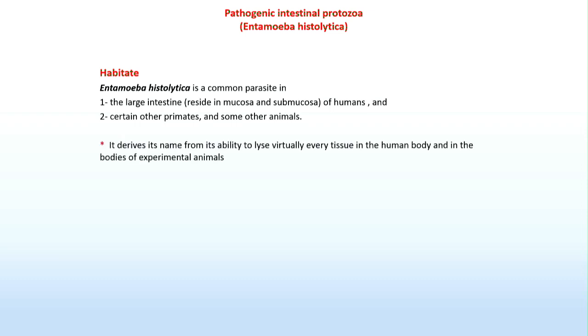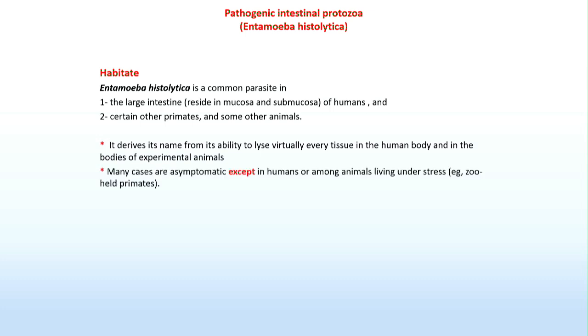Entamoeba histolytica derived its name from its ability to lyse virtually every tissue in the human body and in the bodies of experimental animals. Many cases are asymptomatic, except in humans or animals living under stress, example zoo primates.